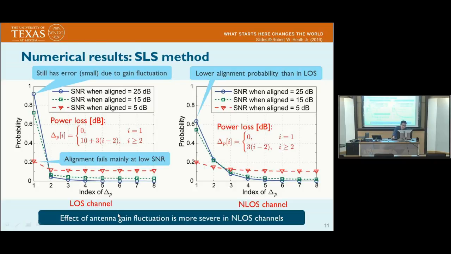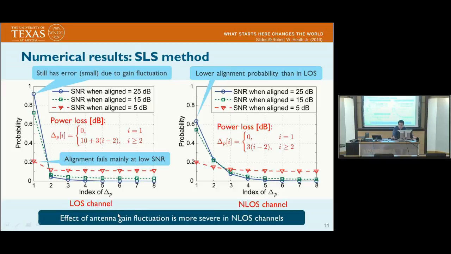And when the SNR is very low, then it cannot differentiate between these different beam pairs because the gain is lower than the noise level, so the beam measurement does not help. It cannot differentiate the different beam pairs, and so any beams can almost equally likely be selected.